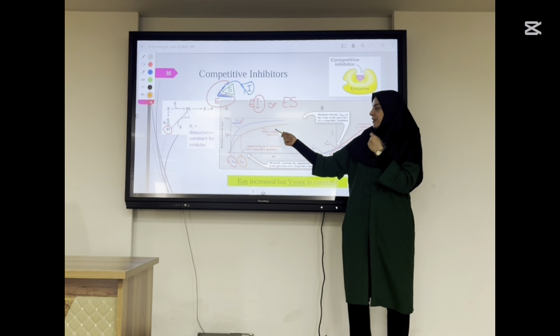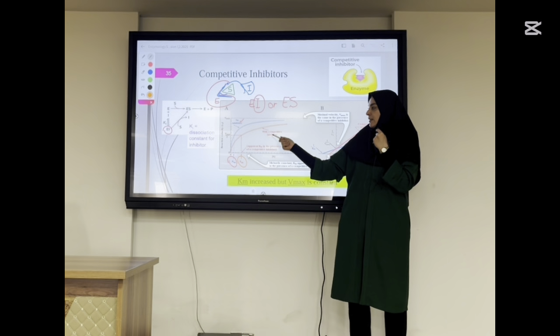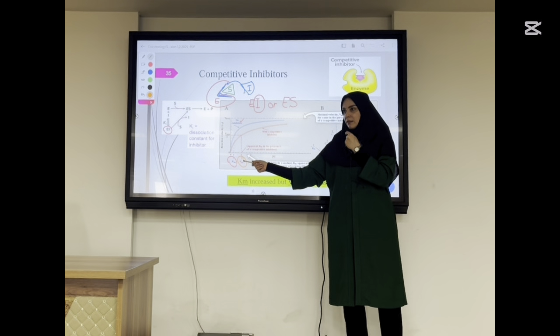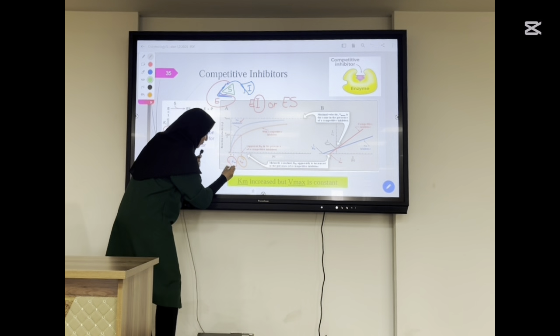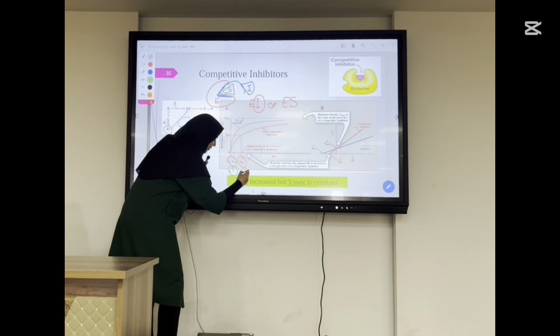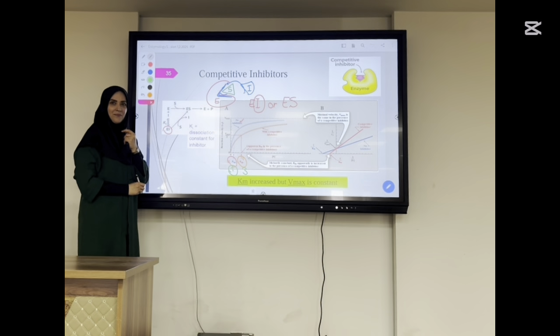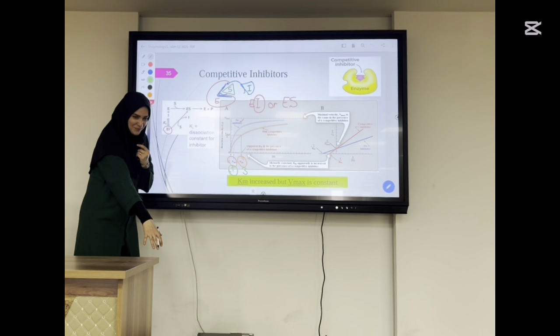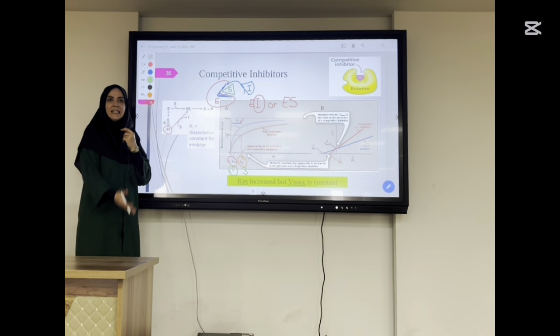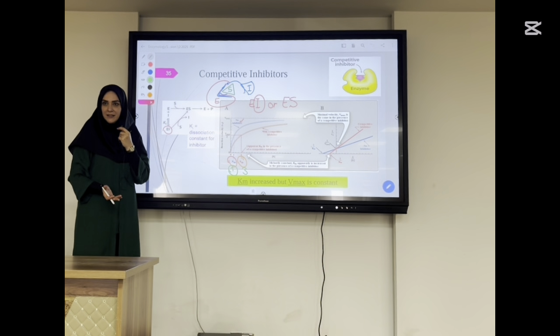So, in the presence of a competitive inhibitor, Km will increase. For example, if it is 1, it becomes, for example, 3. Increase, clear?